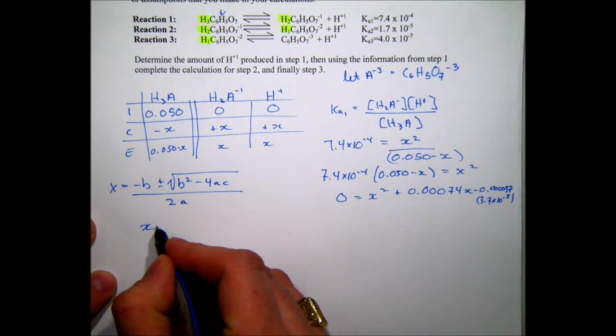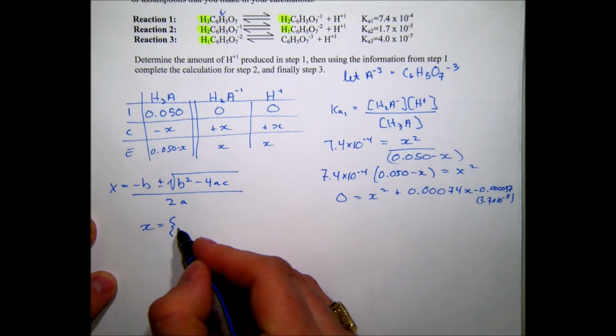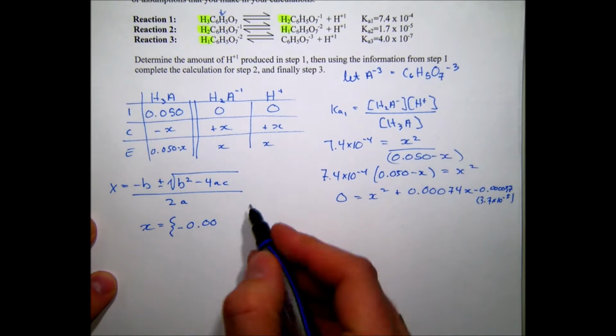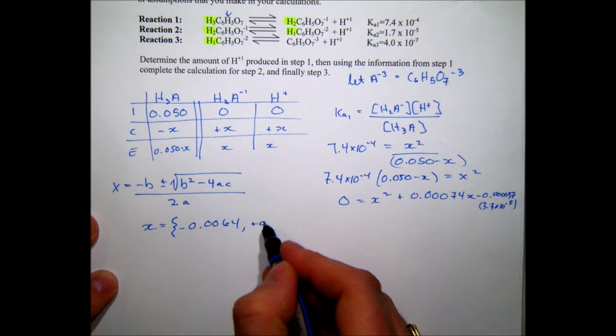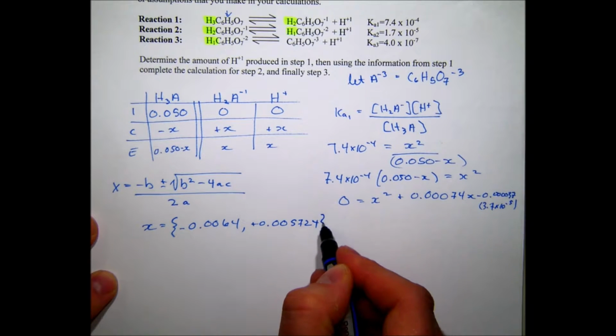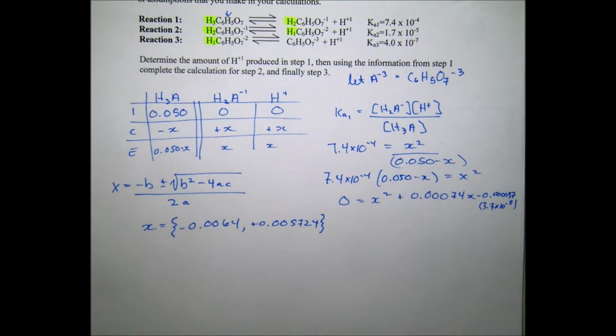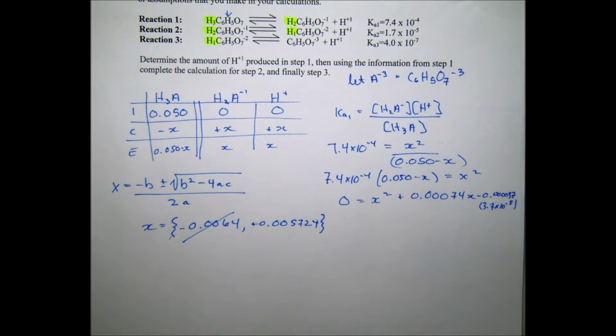And in this case, we find that x has two roots, -0.0064 and plus 0.005724. So x has two roots. They are both real, but one of them is negative, so it's immediately thrown out.